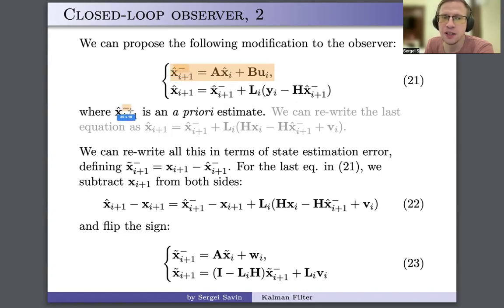Minus is being read as a priori. A priori means prior to, previous to. So basically, this is our observer, our estimation, before measurements.